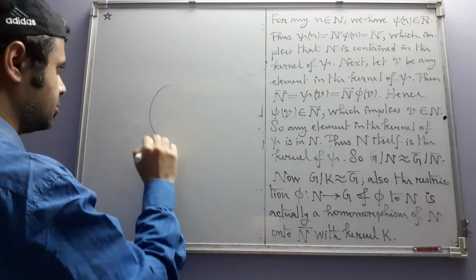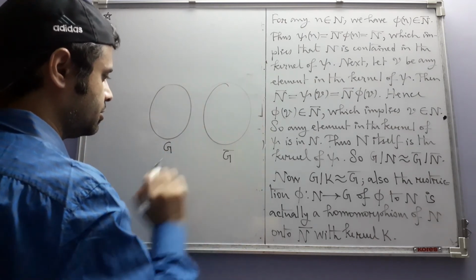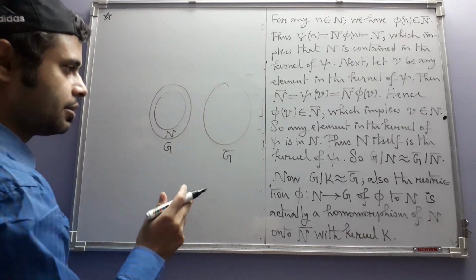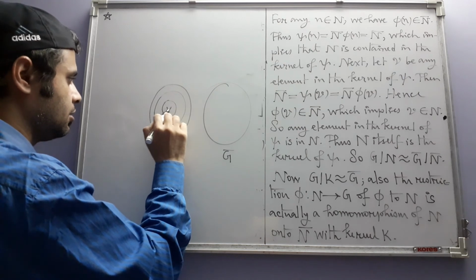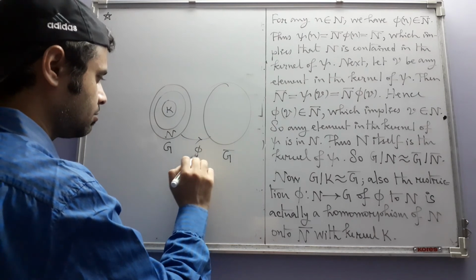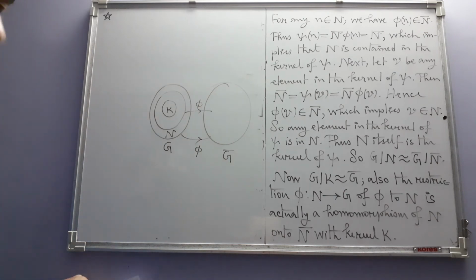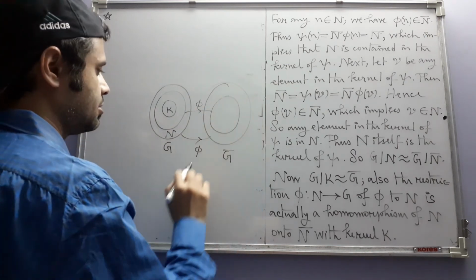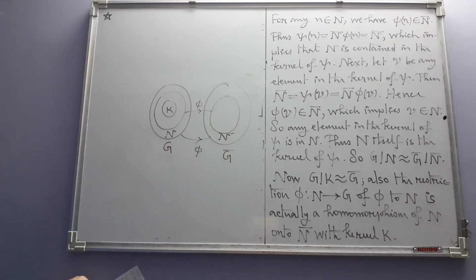the situation is like this. This is our G, this is our G bar, and this is suppose N, and we already know that N contains the kernel K. So the kernel K is here. Now we are restricting the total function phi onto N, and we are claiming that it actually is a function from N into N bar. Is that true?